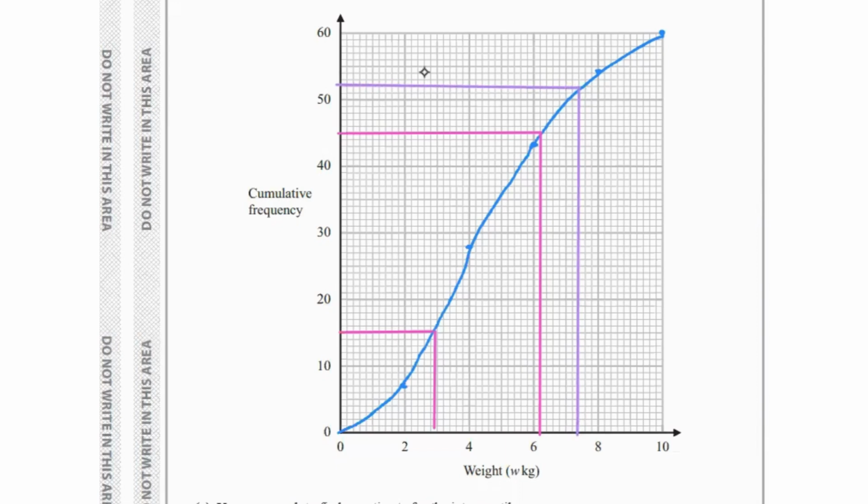Since it's greater than 7.4 kg, we're looking at these values. So we'll do 60 minus 52, which is 8. So that's my answer.